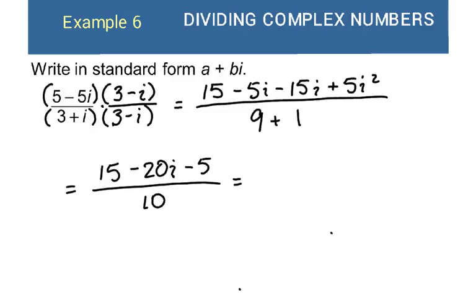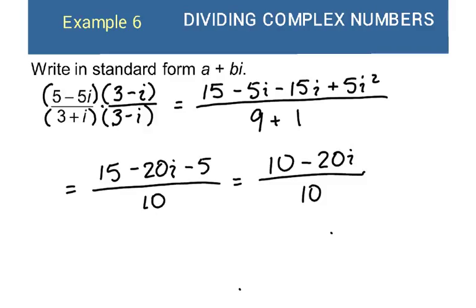We can go a couple more steps in simplifying this. Let's do that. So now put the real parts together, the 15 and the negative 5. That's going to give us 10 minus 20i over 10.